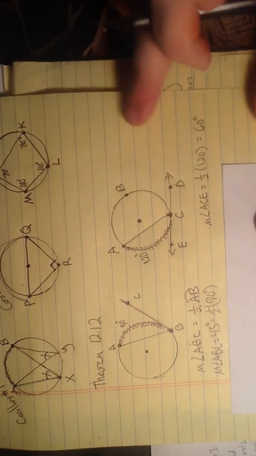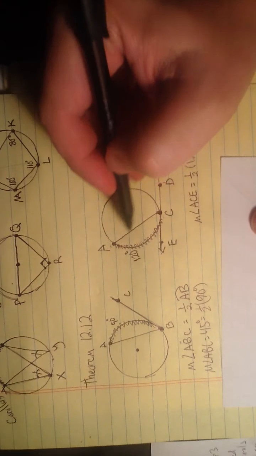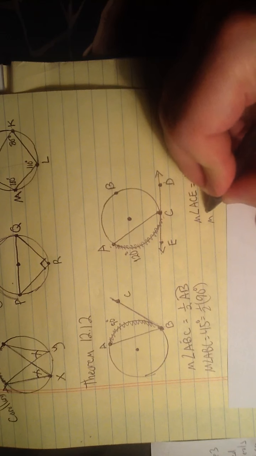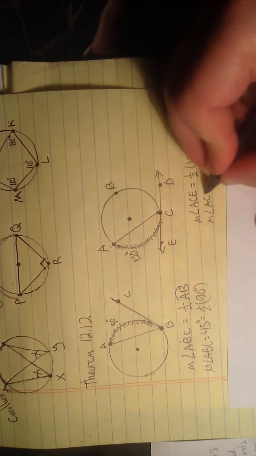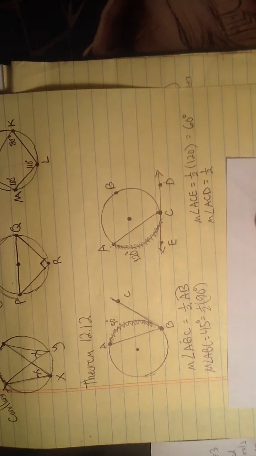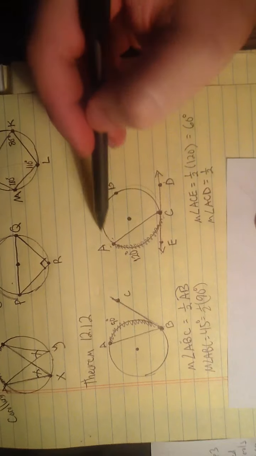Now, what else do we know? Let's find the measurement of the large angle here, ACD. That's an obtuse angle, right? ACD would have to be 1/2 of this arc measure. There's 360 in a total circle.